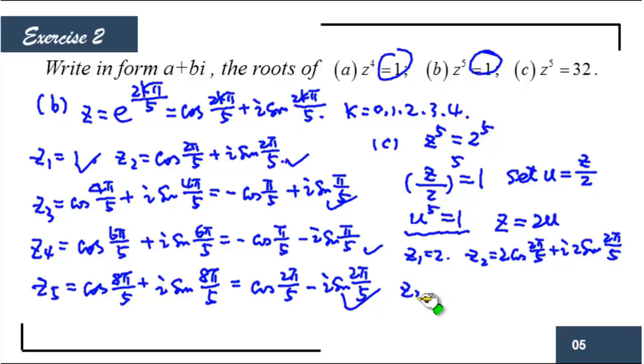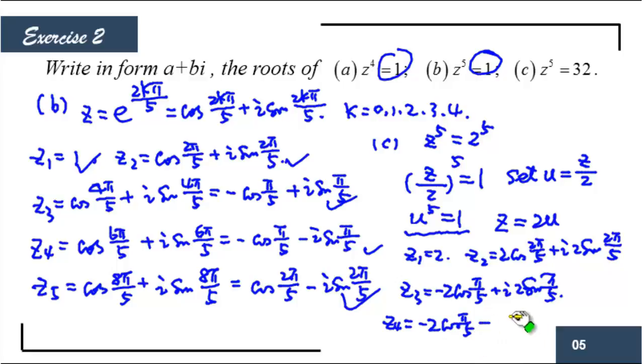The third one is negative 2 times cosine π over 5 plus i times 2 sine π over 5. The fourth one, negative 2 times cosine π over 5 minus i times 2 sine π over 5. The last one is 2 times cosine 2π over 5 minus i times 2 sine 2π over 5.